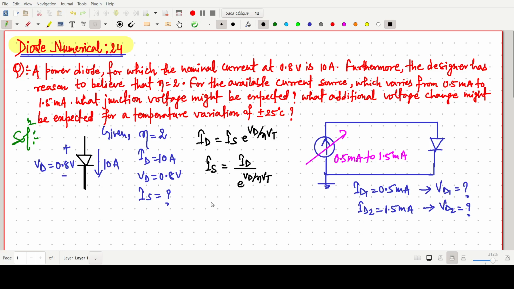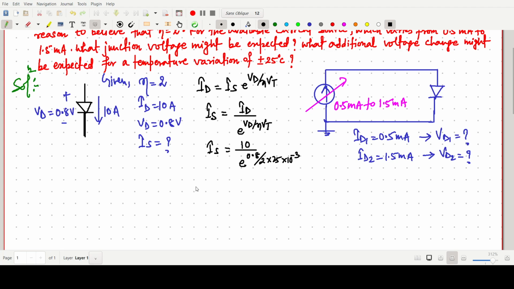This one is the Is value. So we can find Is by putting ID as 10, e to the power Vd is 0.8, over 2 into Vt. Vt is 25 milli, milli means 10 to the power minus 3. So we have to solve this one.